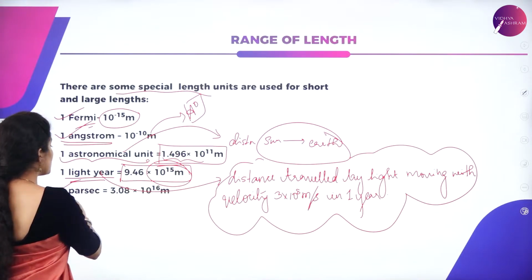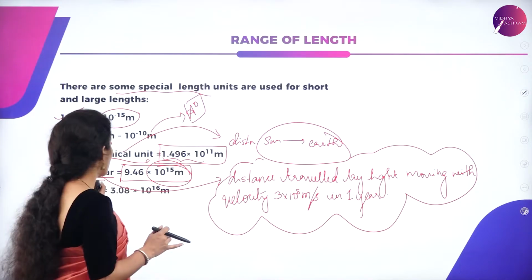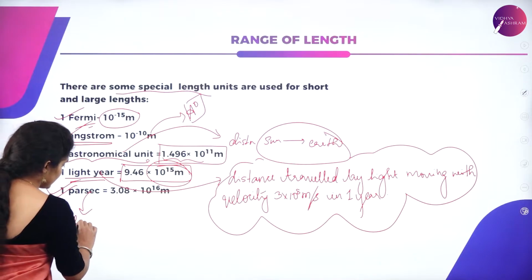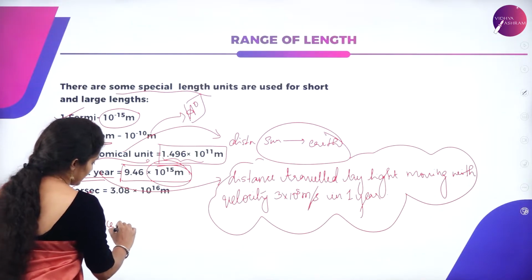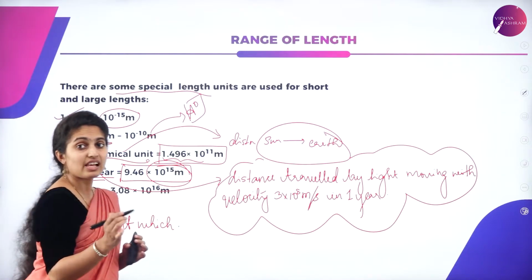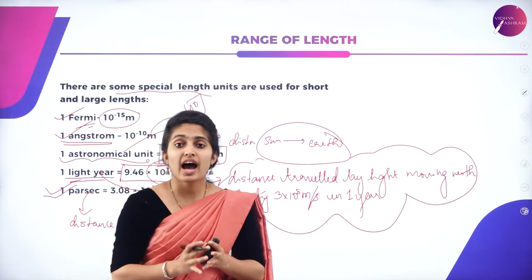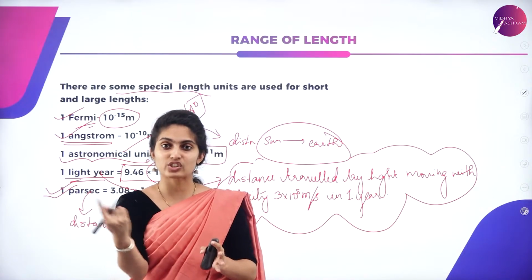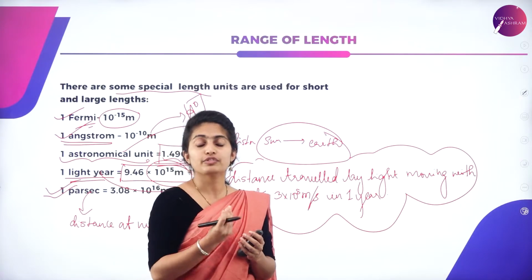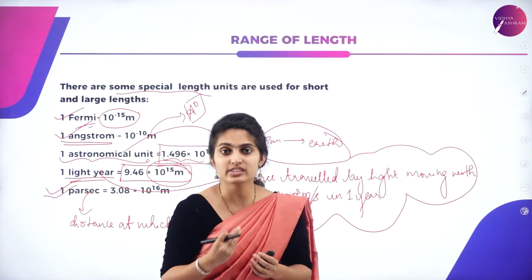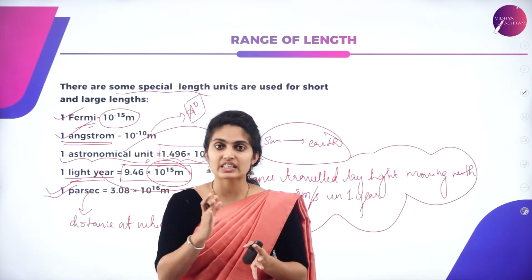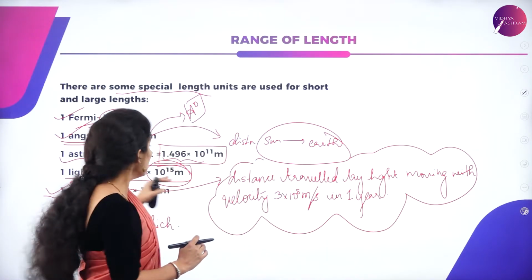Next, we are coming on to 1 parsec. 1 parsec is known as the distance at which the average radius of Earth's orbit around the Sun subtends an angle of 1 arc second. Okay, this is known as the parsec.